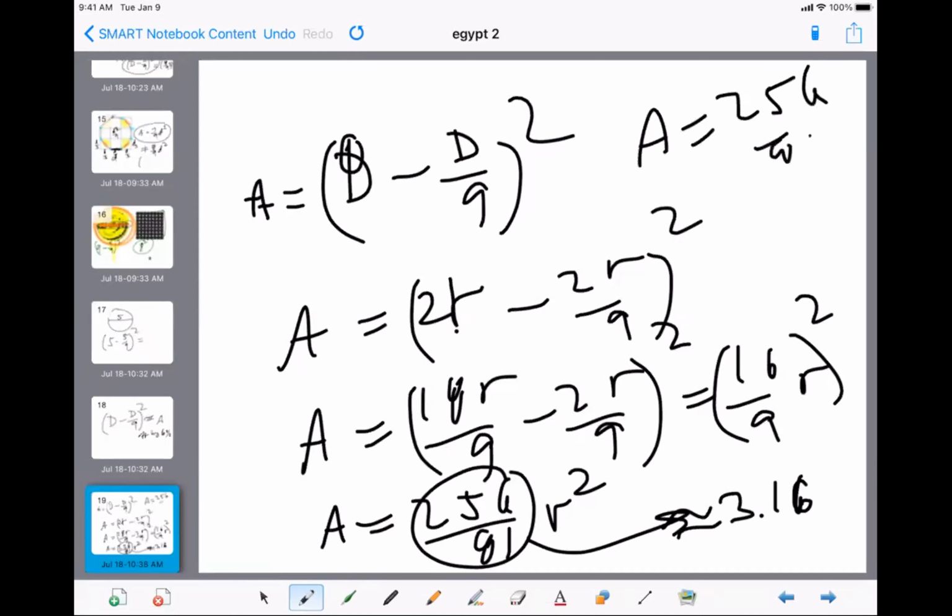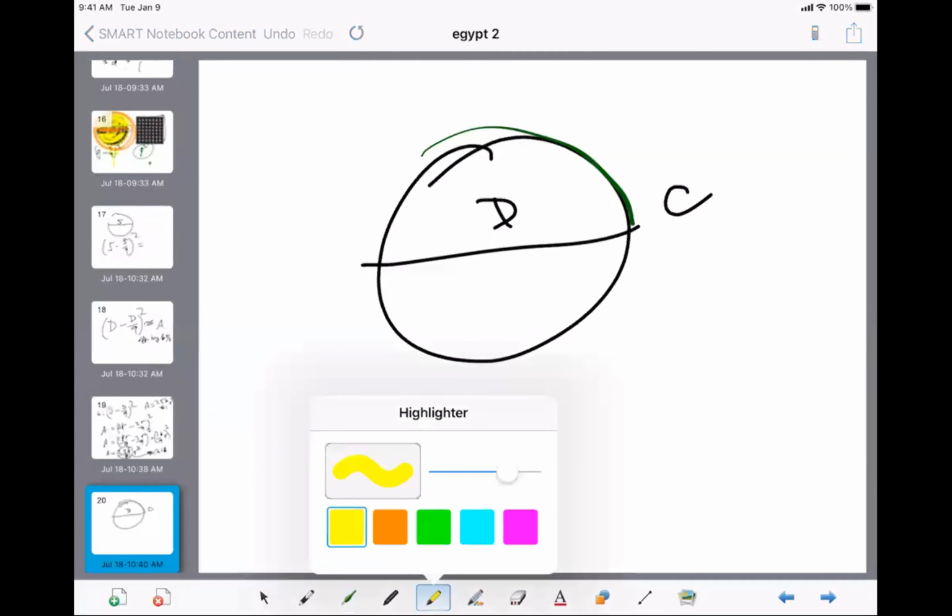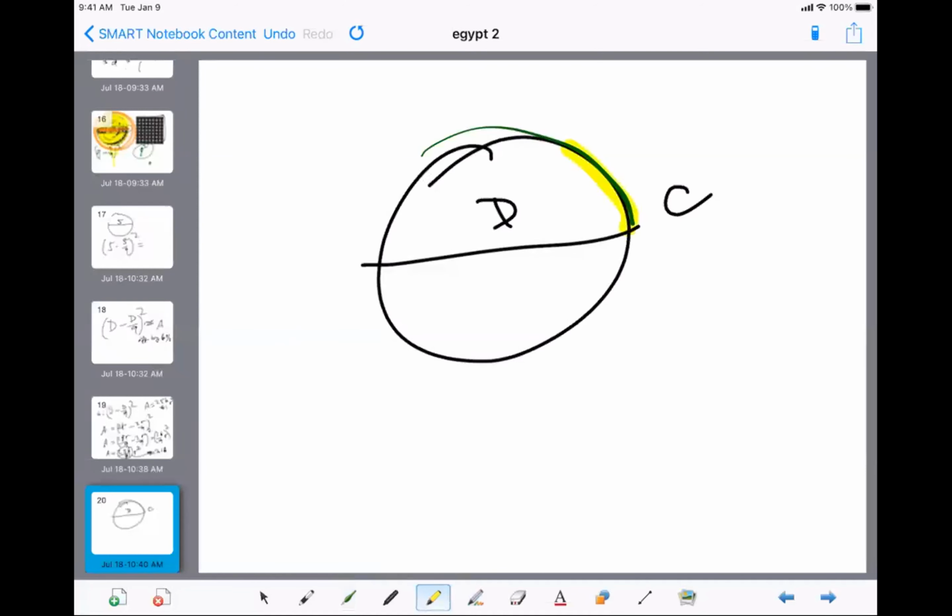But they didn't think of it that way. Pi, refresher: pi is the ratio between the circumference and the diameter. And it turns out that 1, 2, 3 diameters just isn't enough. So we need a little bit more. And C over D is approximately 3.14, which is approximately 3 1/7.